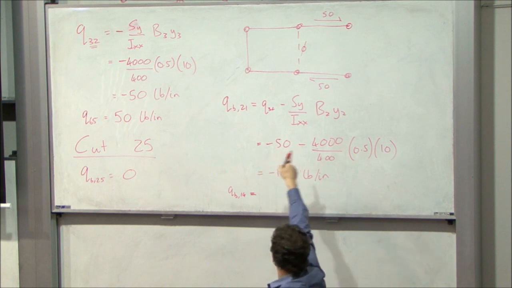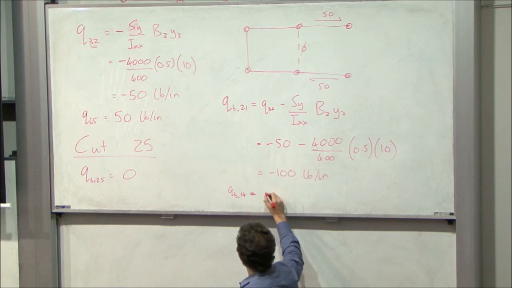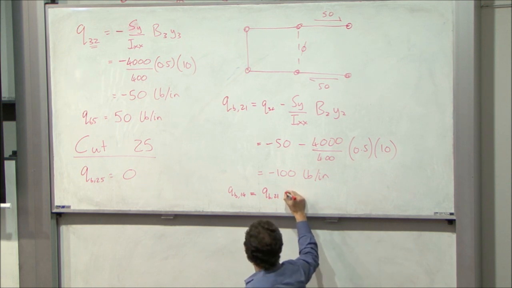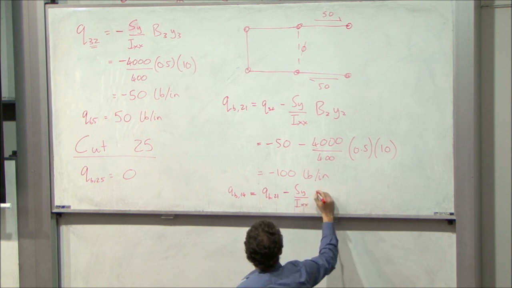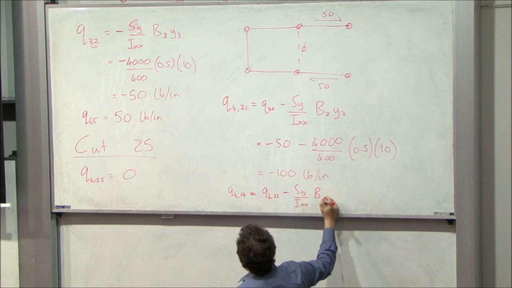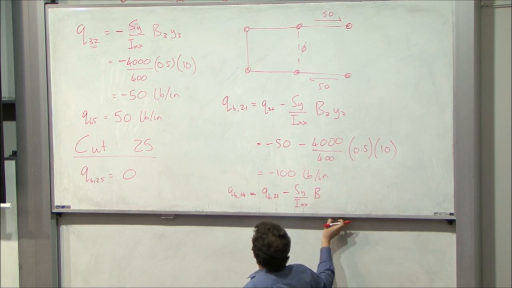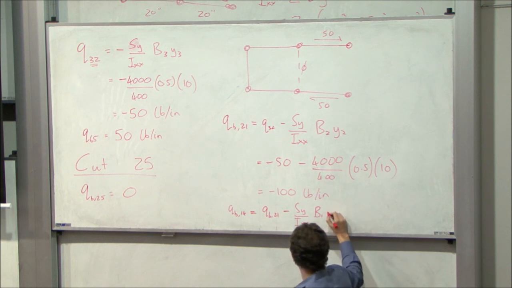Now based on this notation up here, what am I going to need? QB21 minus SY on IXX. And what B's do I need in here? B1, Y1.